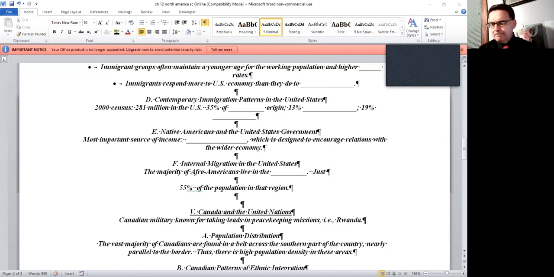And that is an increasing number, right? The Hispanic population has grown leaps and bounds.